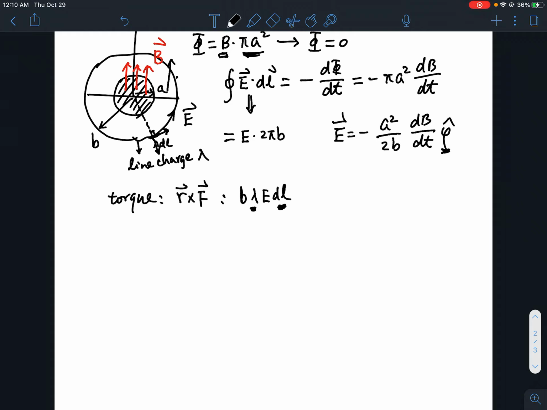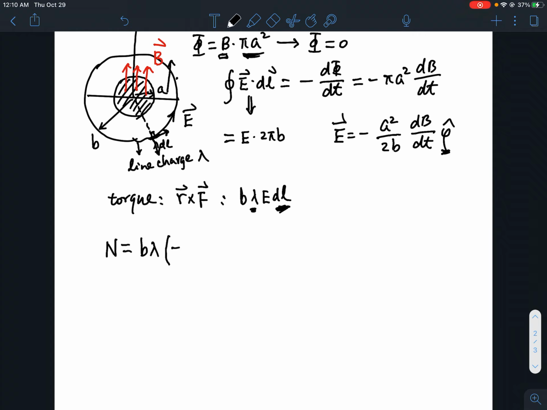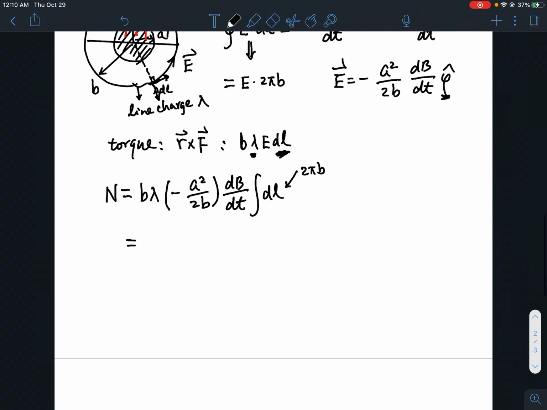Then the overall torque is just the integration over dl. So we have b lambda, and this E value is a squared divided by 2b, times dB over dt, and then the integral of the length, which gives us 2 pi b. If we add it together, it is minus b lambda pi a squared dB over dt.